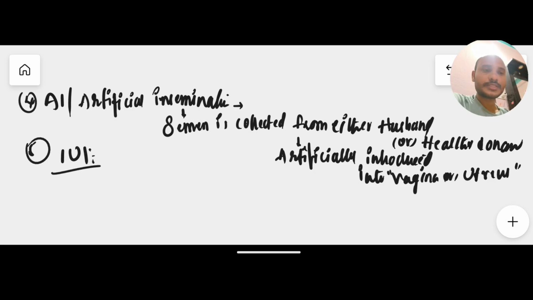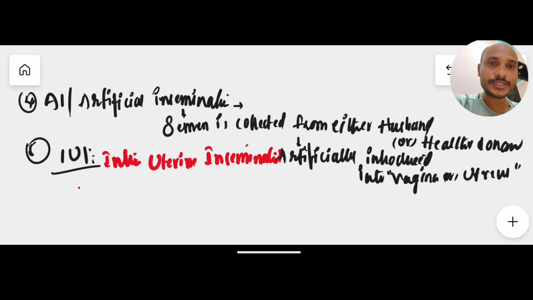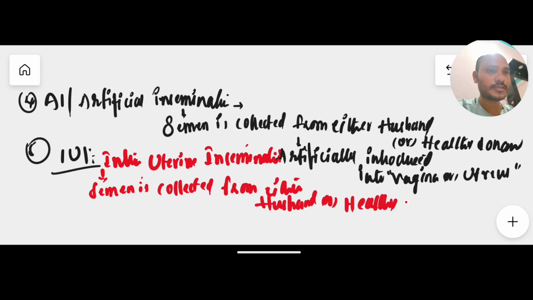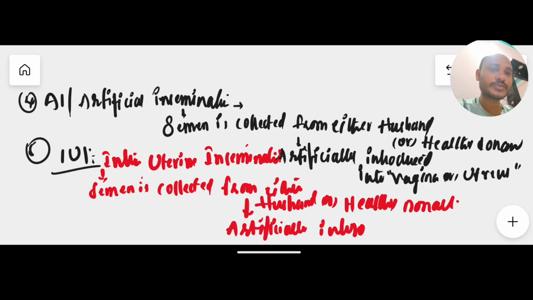Next, the last one, IUI. Here IUI means intrauterine insemination. In this method, semen is collected from either the husband or a healthy donor, and the collected semen is artificially introduced specifically into the uterus.